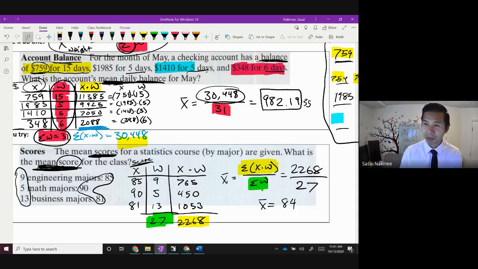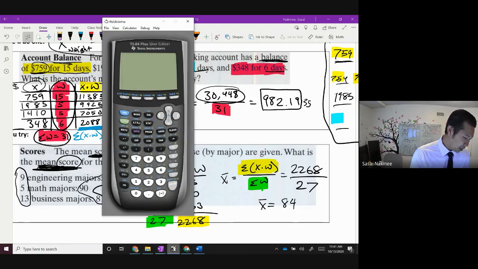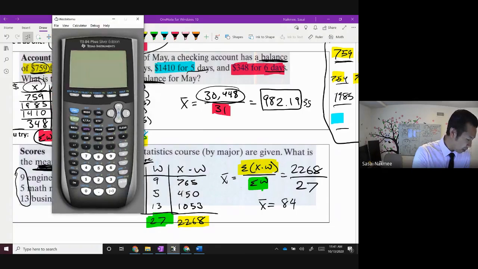You got decimals. Is my sum not 2,268? Let me stop being lazy and just actually do the work. 765 plus 450 plus 1,053. I got 2,268. That's the right number.